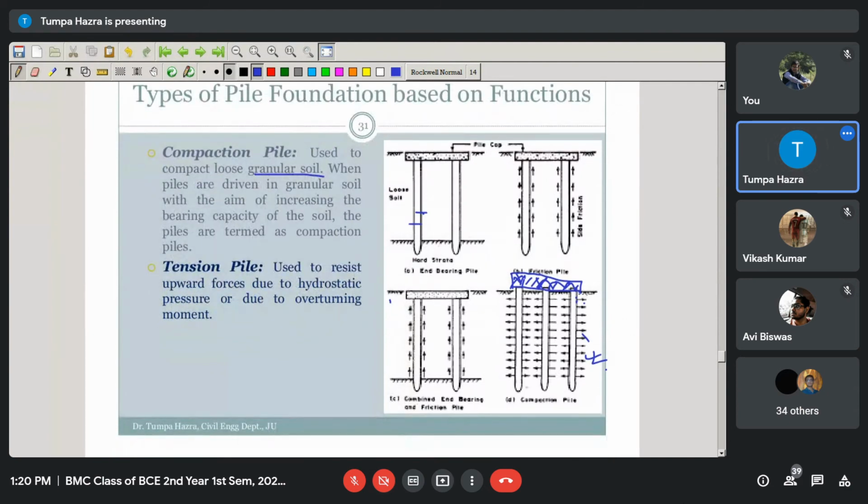And tension piles. Generally piles are compression piles because they are carrying compressive loads. But sometimes piles are constructed to resist upward forces due to hydrostatic pressure or due to overturning moment, and that type of pile is known as the tension pile.